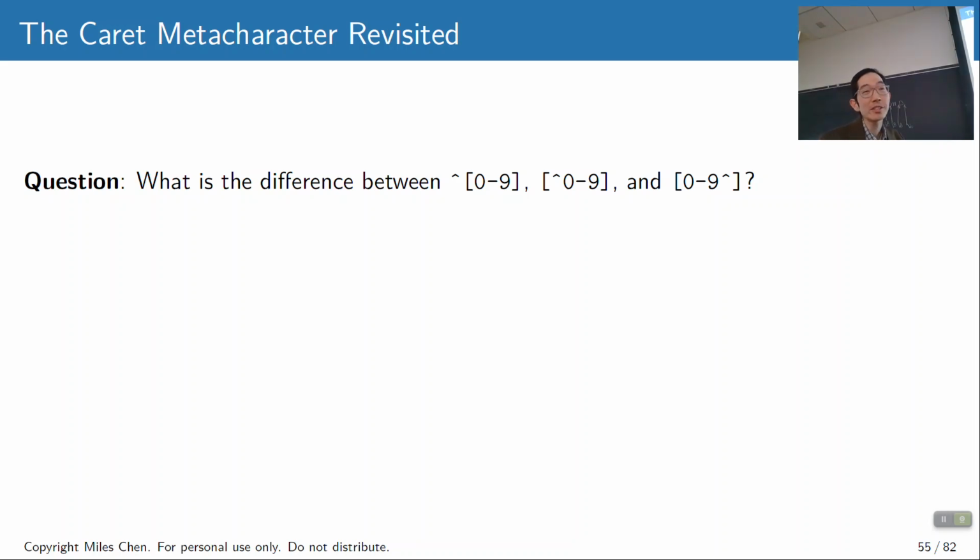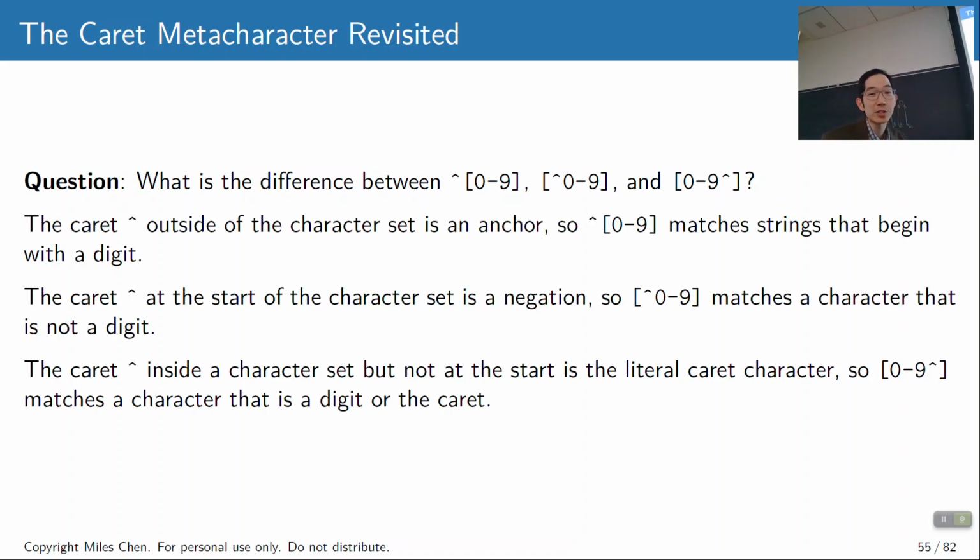The first one, caret 0 through 9, is a digit 0 through 9, and it has to be at the start of the string. The caret inside the brackets indicates a negative character set, so anything but a digit, any character that is not a digit. And the last one will be a character set with the digits or the literal caret.